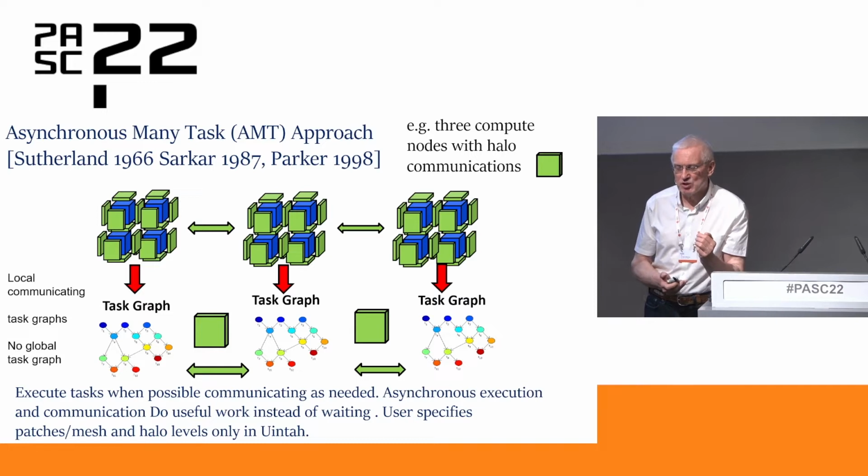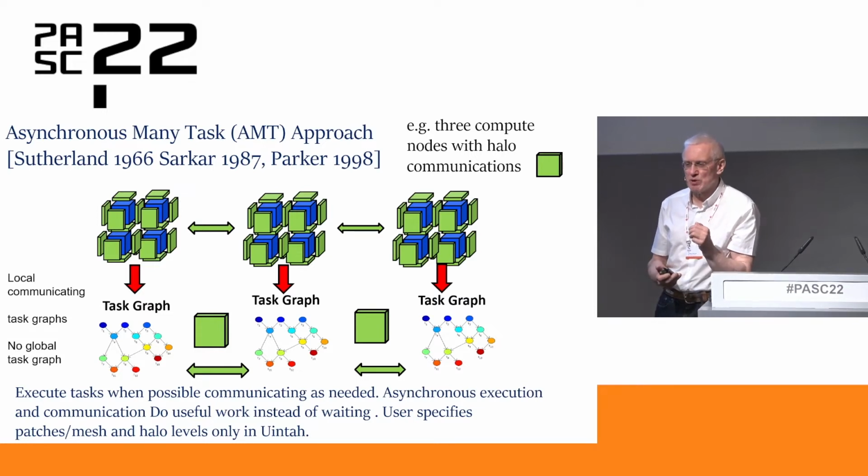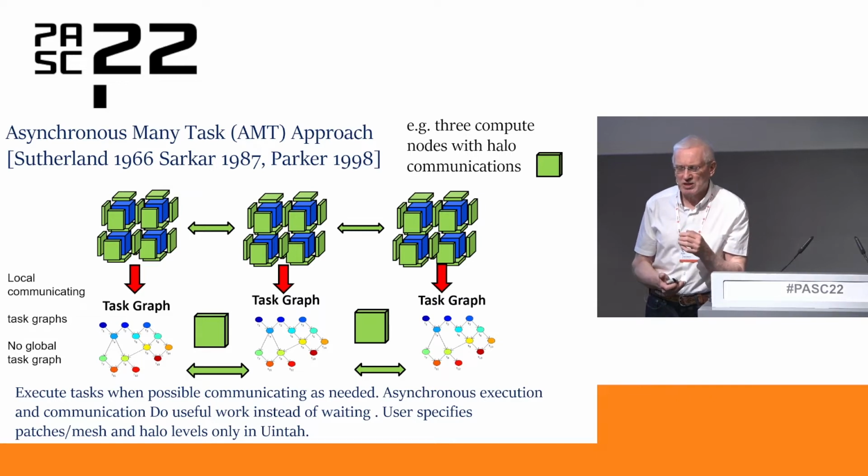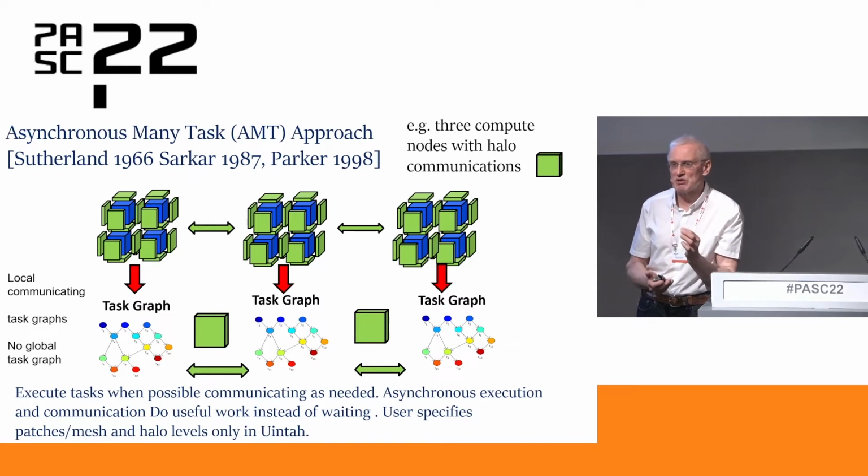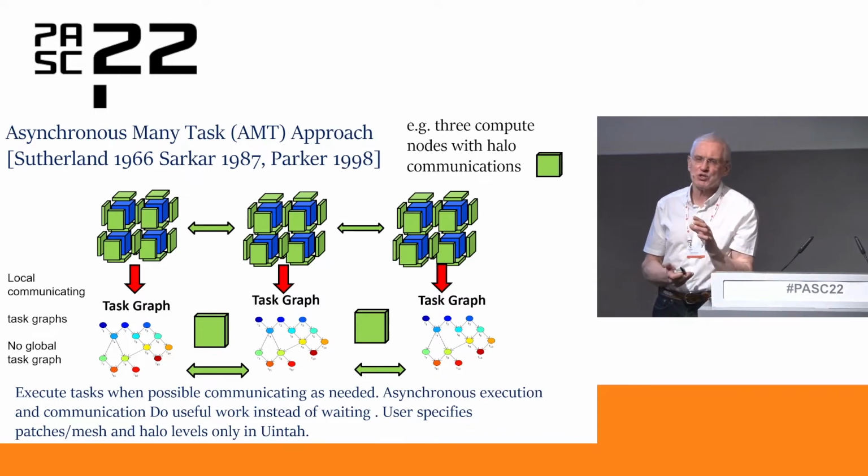And then extensions of this, the Charm++ work at Illinois is one, and Steve Parker at the University of Utah used a similar approach, which became the beginnings of the Uintah software, which I'm talking about today. A lot of these approaches were originally based on static execution of these task graphs, but of course what we do now is fully dynamic execution.